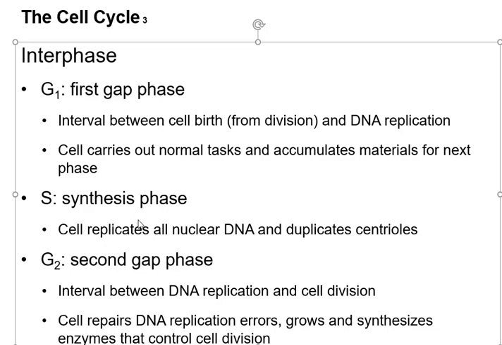Once you've doubled your DNA, you're pretty much committed. And then you go into the second phase. Any enzymes that you're going to be needing, any errors that you made when you replicated your DNA, you need to be able to fix those. So you've got a little time there, the 6 to 8 hours, to do that.